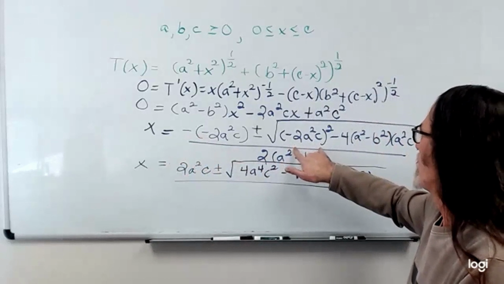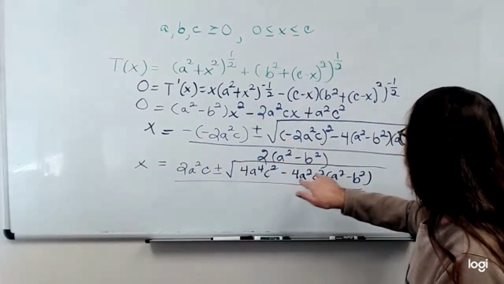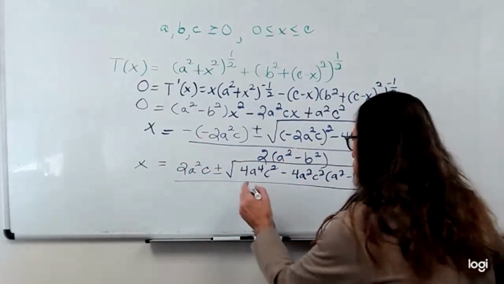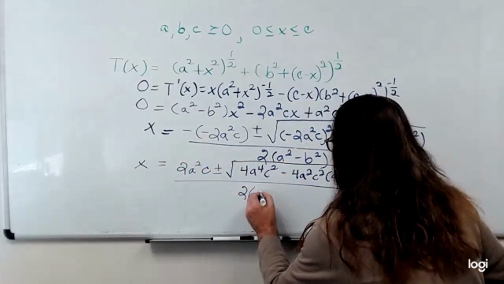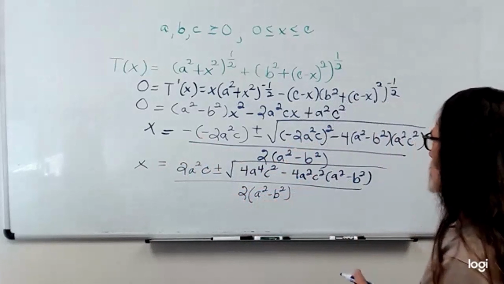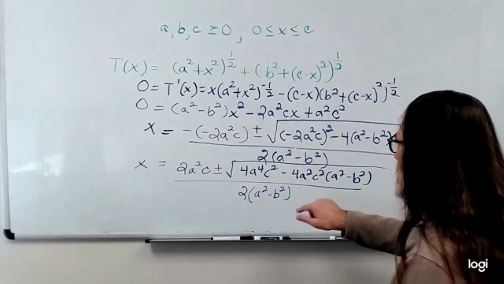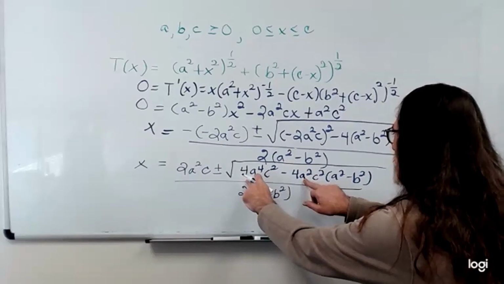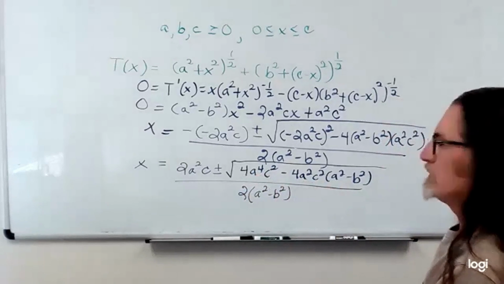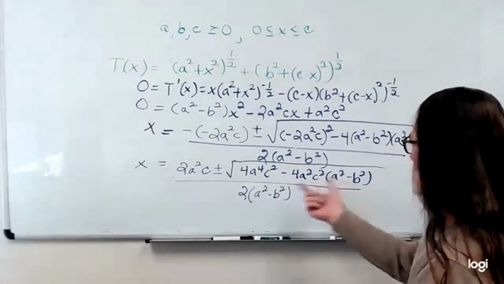I've squared here. Here I've just brought the a squared c squared to the front so far. We have as a common factor 4a squared c squared. So I'm going to factor that out.